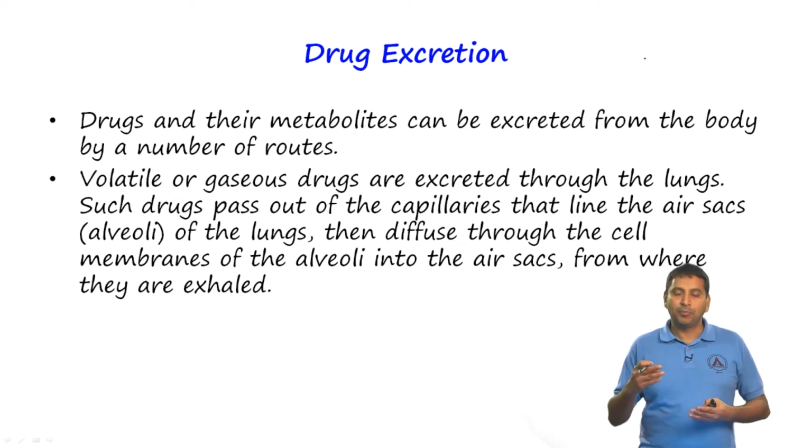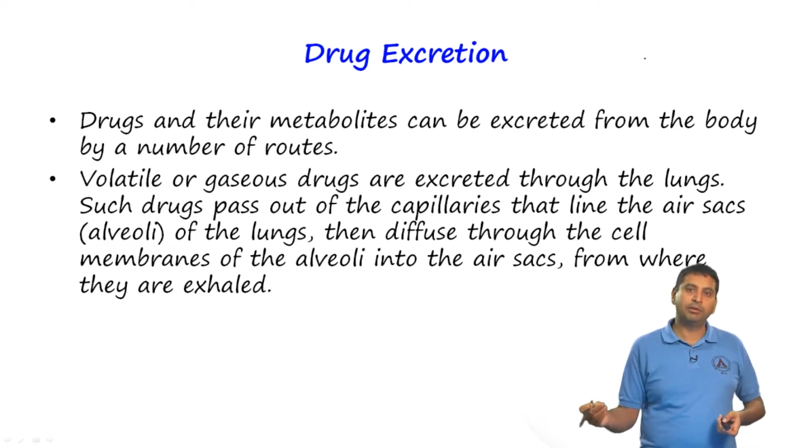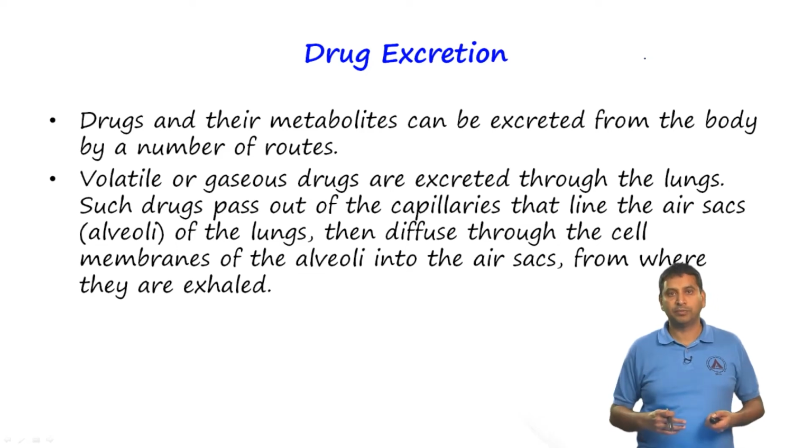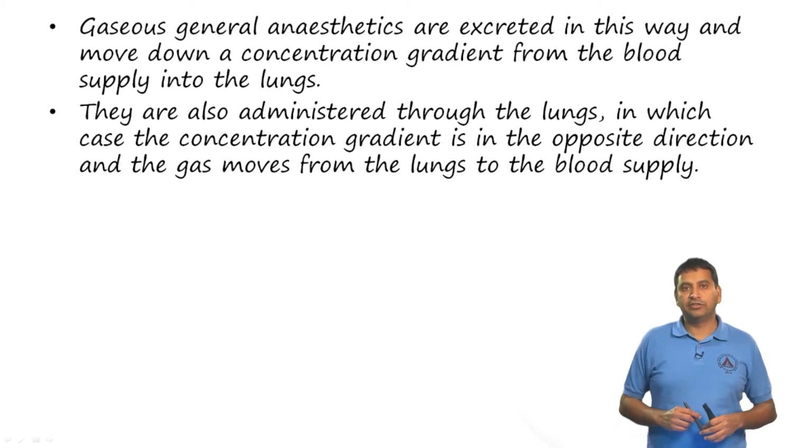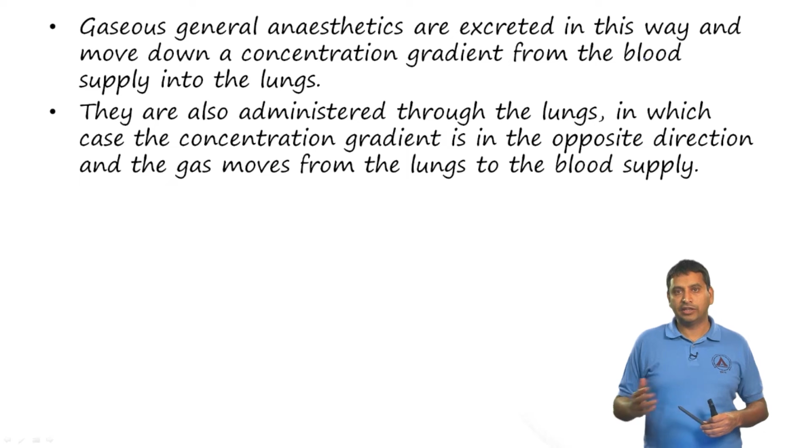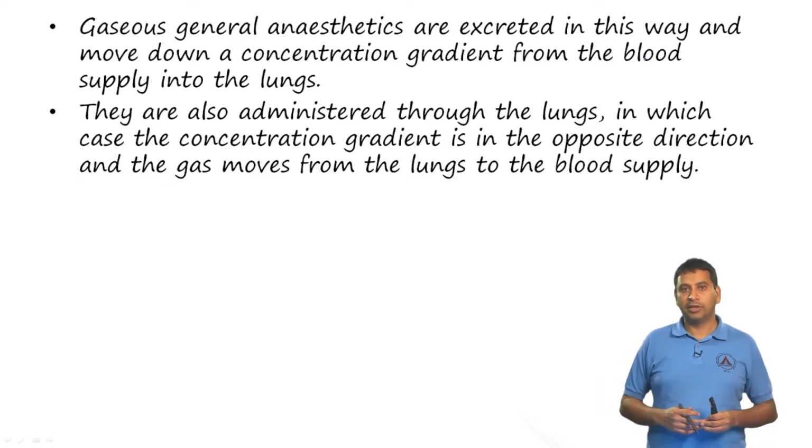Now, let us say you administer a gaseous drug, and there is a high level of the drug in the lungs, which then gets into the blood supply, and the reverse can happen wherein they diffuse through the cell membrane back into the air sacs from which they are exhaled. Generally speaking, gaseous general anesthetics are excreted in this way, and there is a concentration gradient from the blood supply to the lungs.